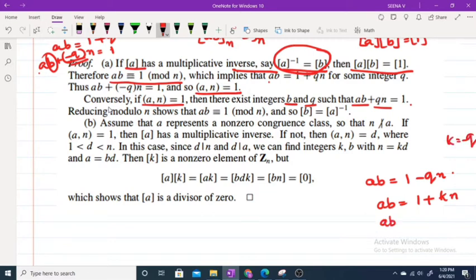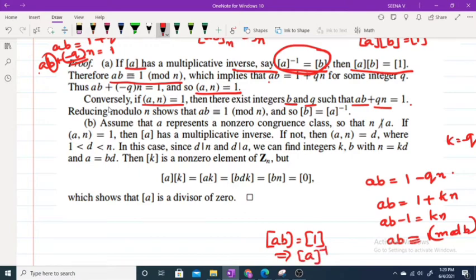Or ab minus 1 is equal to kn. That means ab is congruent to 1 mod n. This implies the class of ab is equal to the class of 1. This implies the inverse of a is equal to b. Okay, so that is the proof.